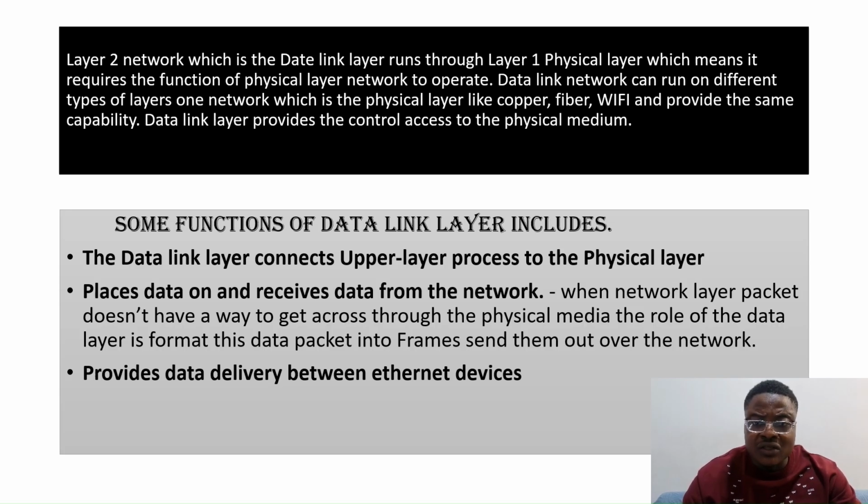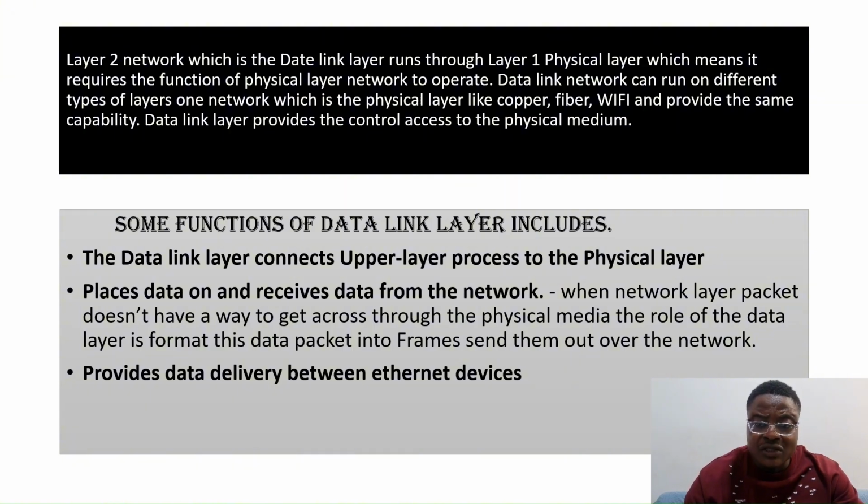The data link layer can run on different types of layer 1 network, like copper, fiber, and Wi-Fi, and provide the same capability. The data link layer provides control of access to the physical medium. Some functions of the data link layer include connecting upper layer processes to the physical layer. It places data on and receives data from the network.